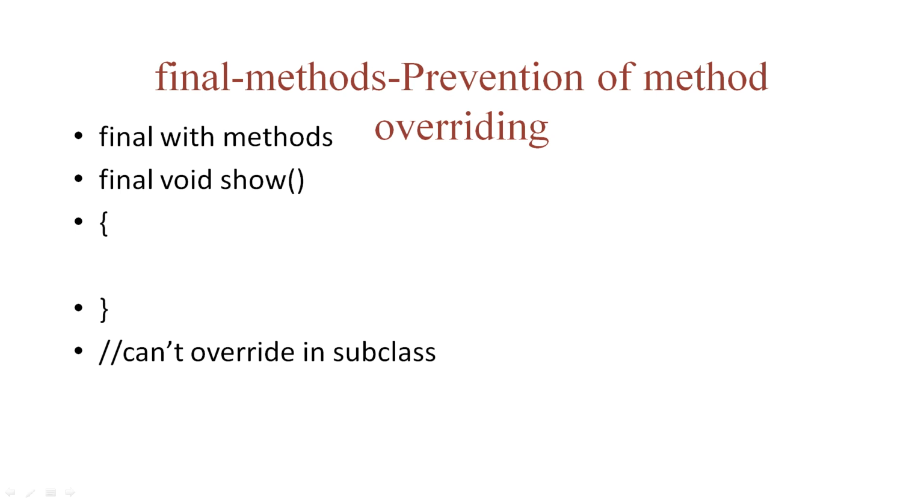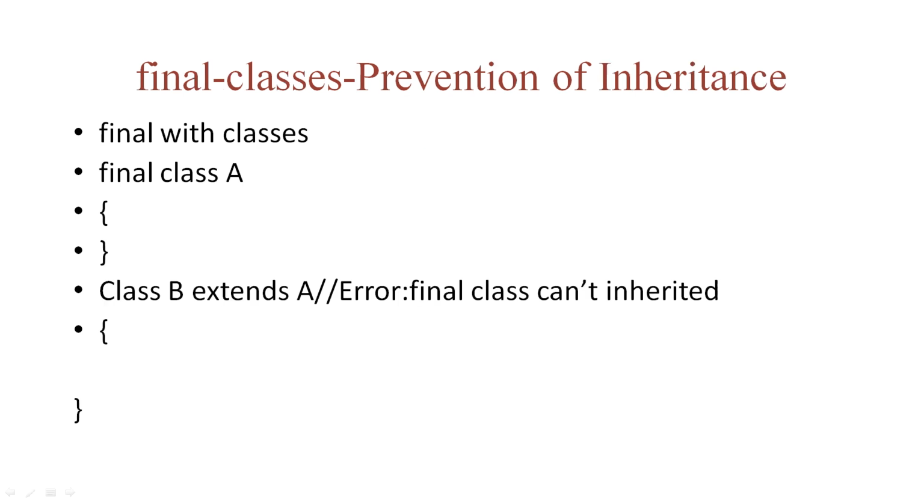Even if you try, it should generate an error: the method is declared final, you can't override. What does it mean? Final with methods is the prevention of method overriding. Method overriding is not possible in the subclass. That is the second principle.